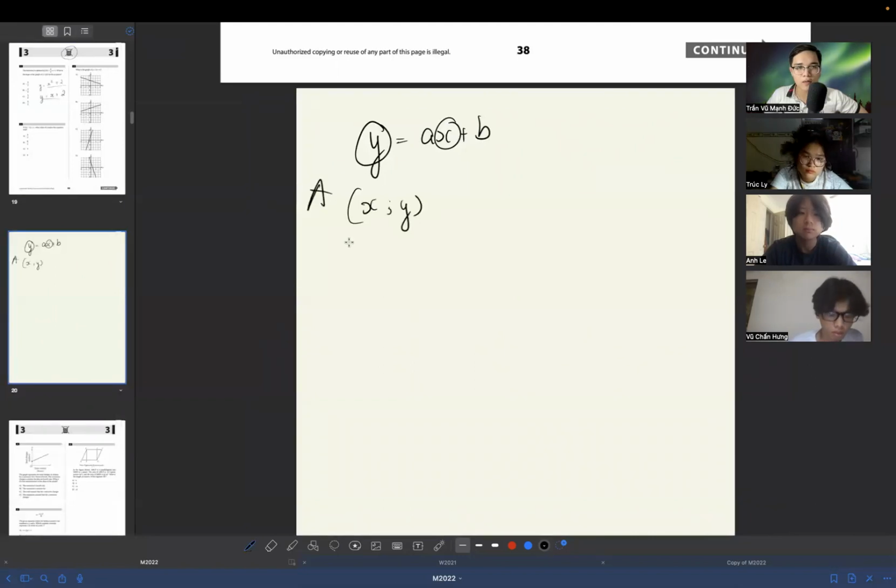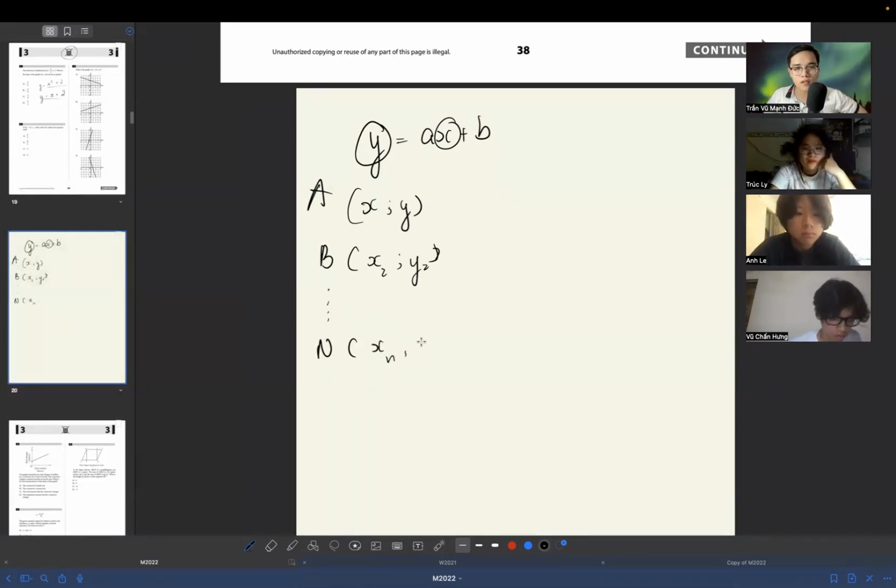If we say a point A or B, x2, y2, there will be an infinite number of coordinates that will satisfy the equation.